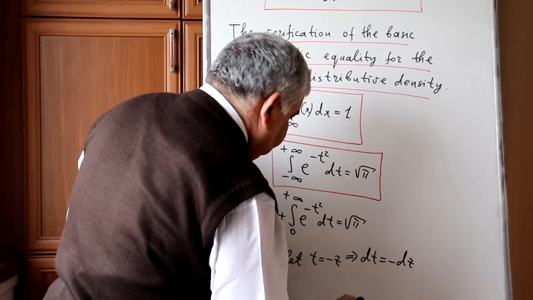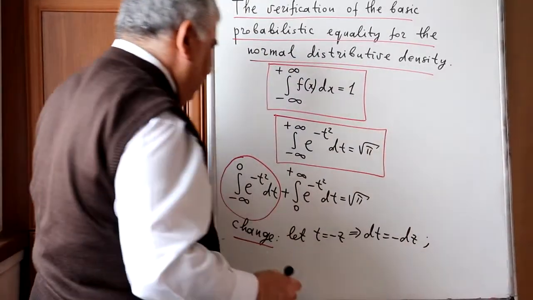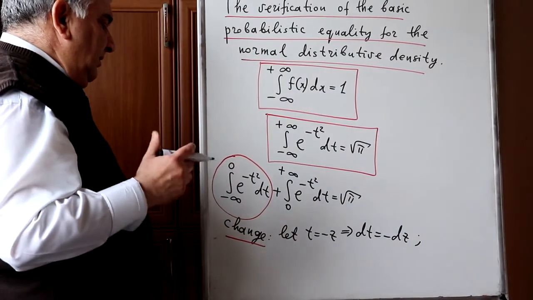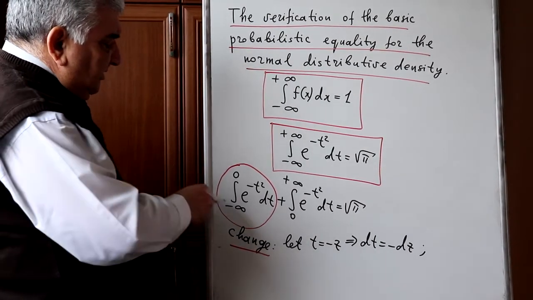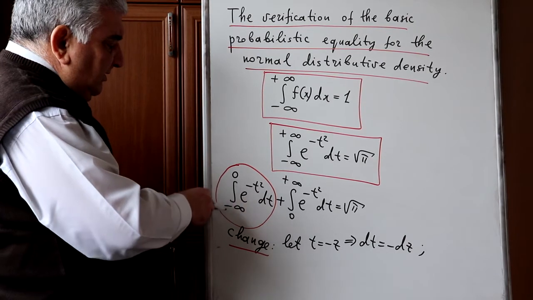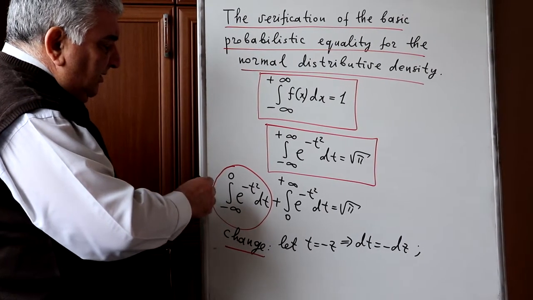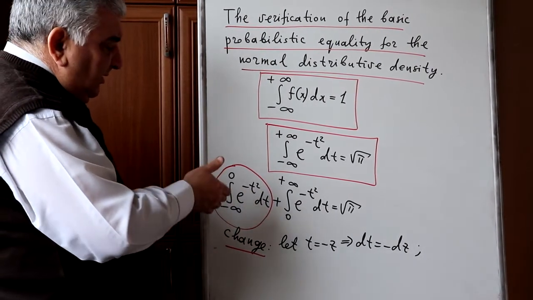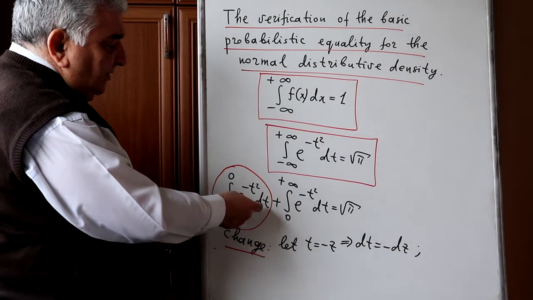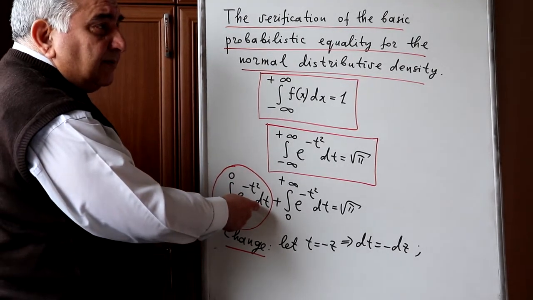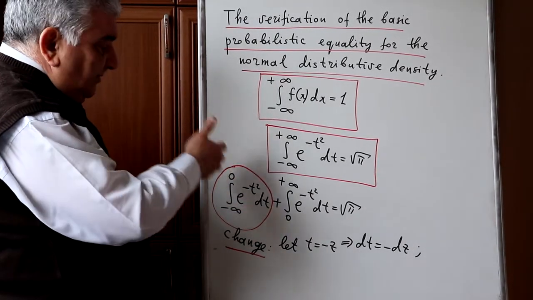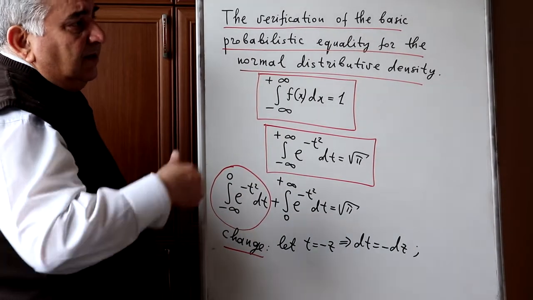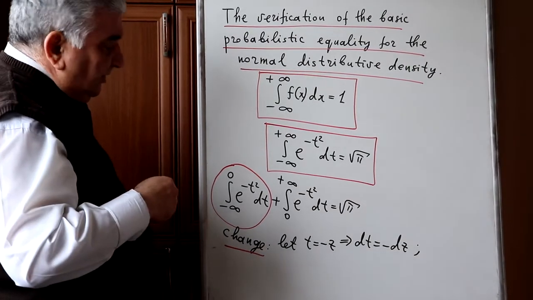Here we must also change the integral limits. The given integral limits are real for the variable t, but for z the integral limits will be other values.